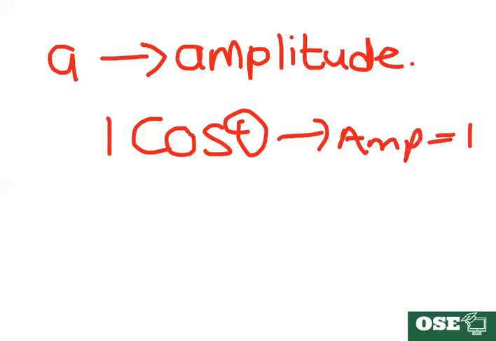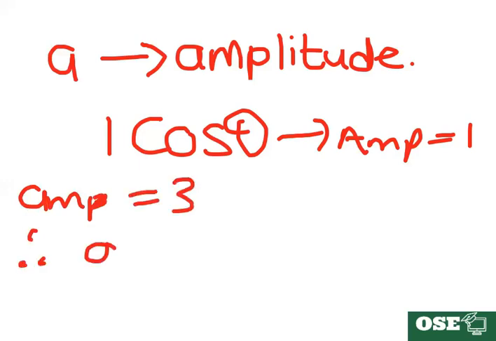So whatever your amplitude is, that's the value of your a. In this case, our amplitude is 3. Therefore, a is 3. I hope that makes sense. With the cos graph, what your amplitude is, that's the a value of your graph.